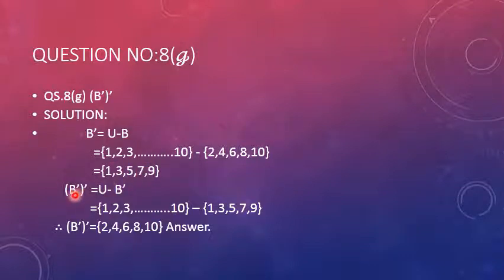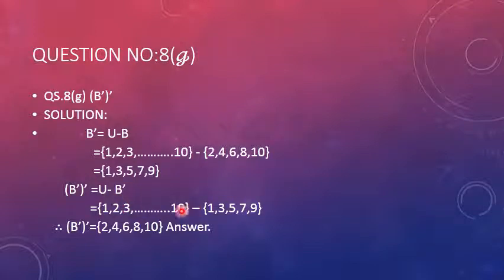Now in the fourth step I have written on the left side B double complement or B complement. For this I have written the formula here, U minus B complement. In the previous step we have found B complement, so first we have to write the elements of U in the second last step, that is 1 to 10, all numbers.